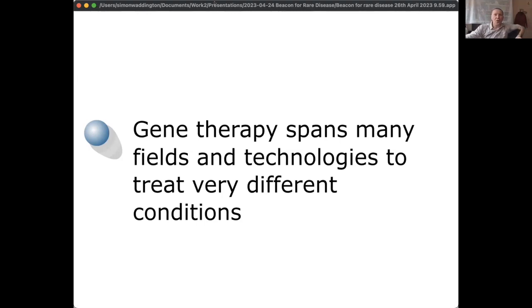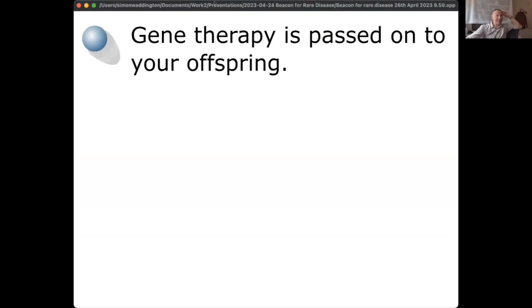Okay, so next film. I think it's Rise of the Planet of the Apes. Anyway, according to the film here, gene therapy is passed on to the offspring, because what I understand is that they deliver the gene therapy to the mother of Caesar, the main ape in the film, and this is inherited by Caesar. So one crucial point to make is that gene therapy only treats somatic cells of the body.